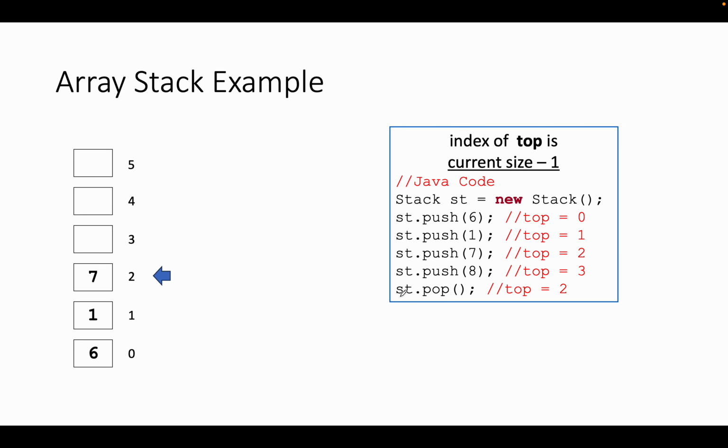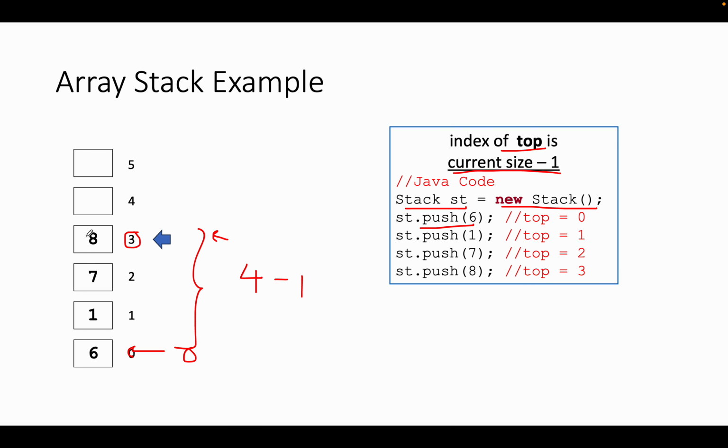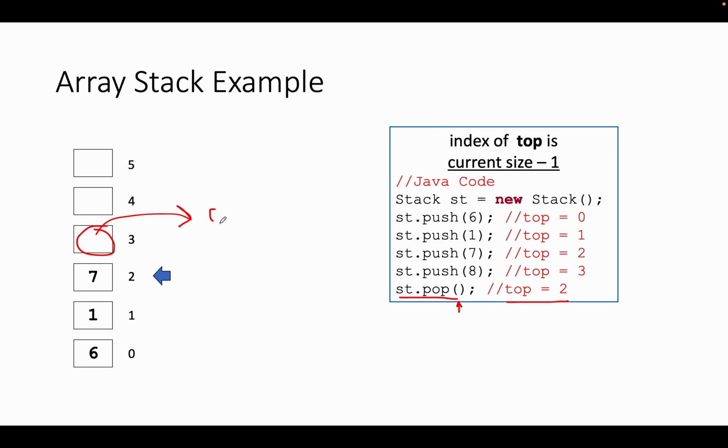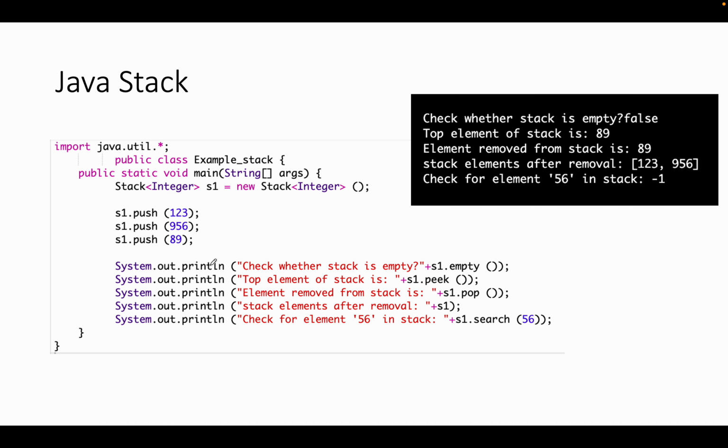When we pop, we don't have to declare a value inside, but it will pop the top one out, and then the program will return the number, which is 8, right? So it returns 8, and the top position moves down.